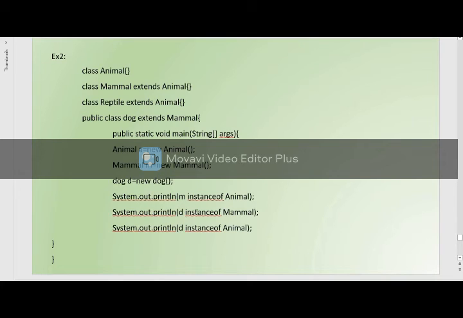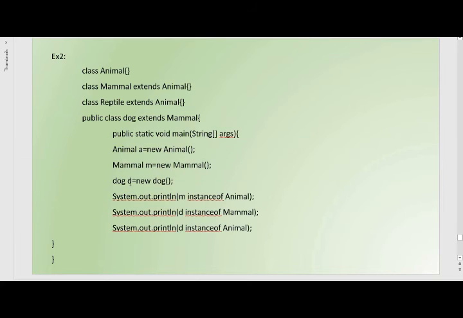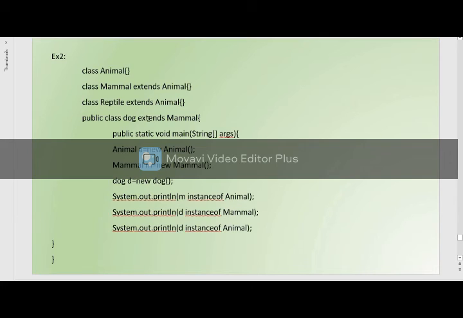And secondly, D instanceof mammal. Here D refers to the dog class. Dog class extends mammal. Dog class can get the attributes and behaviors of the mammal class. Mammal class can get the attributes and behaviors of the animal class. Therefore, it is not a problem.